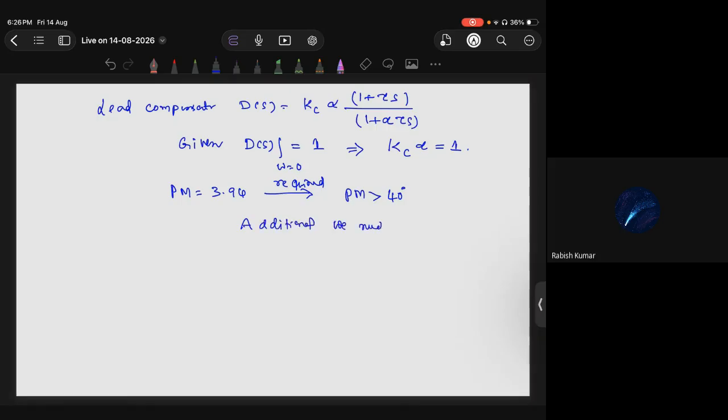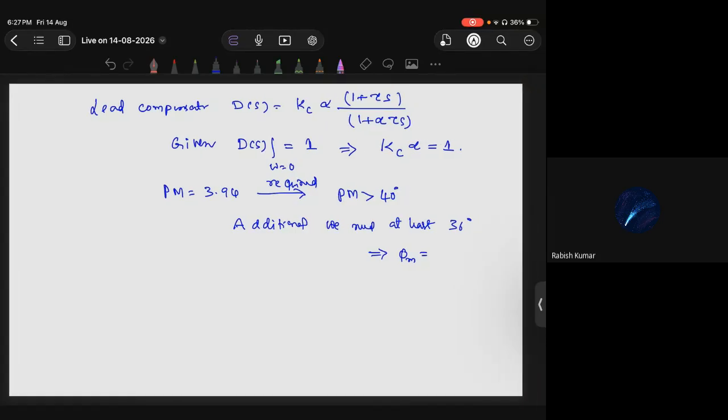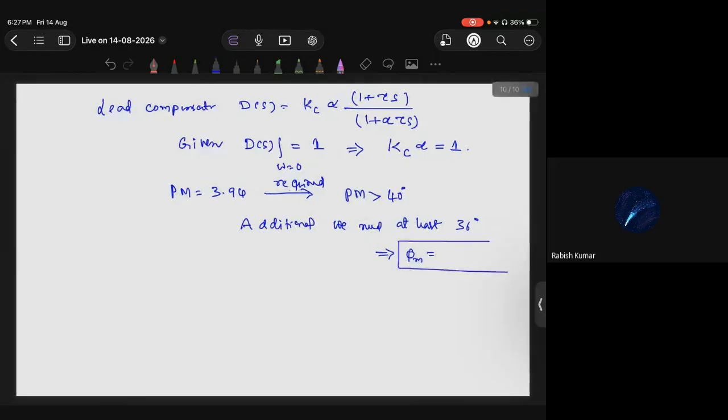Now find the phi m corresponding to this. Phi m is nothing but, from 180 degrees, how much is needed? That will be like 60 we require. Now we have this formula, sin phi m.